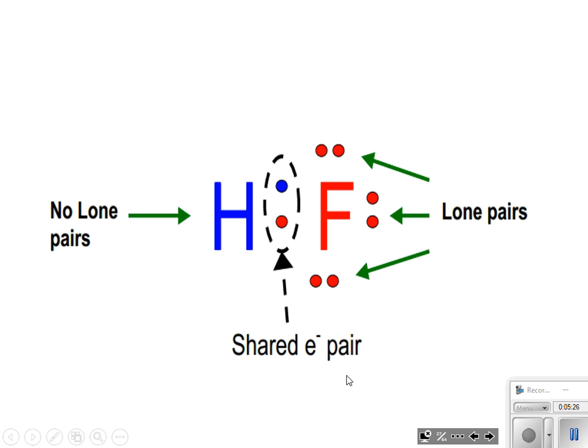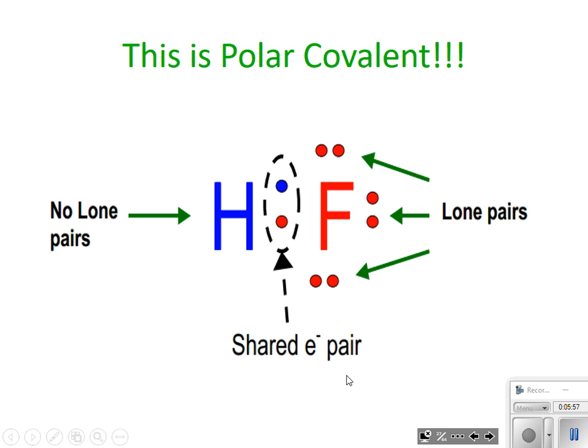Is anybody winning the tug of war here? Fluorine. That's going to be important coming up later. Fluorine is winning that tug of war because fluorine's electronegativity was 3.98. Hydrogen's was only 2.20. So fluorine's winning that battle for those electrons. So, once again, this is a polar covalent bond.